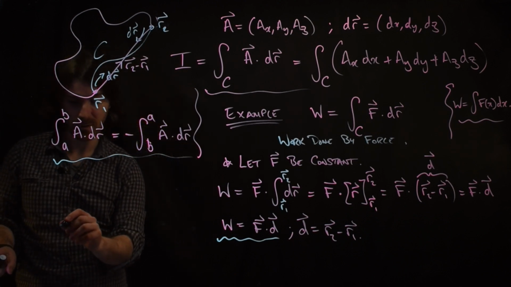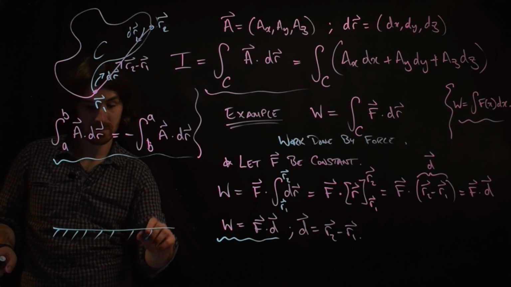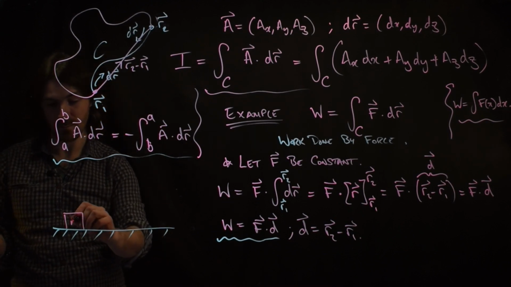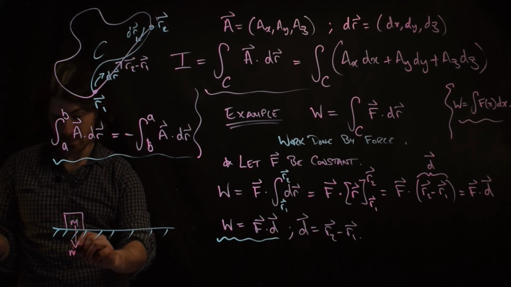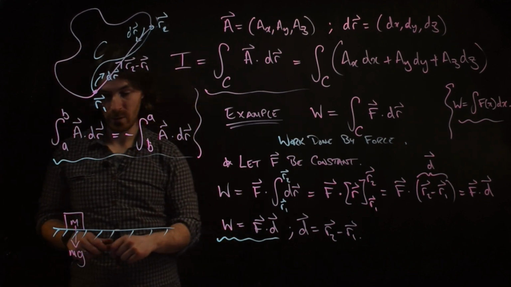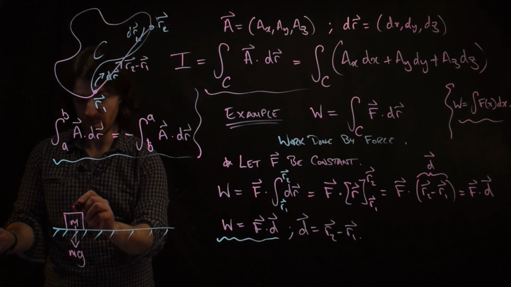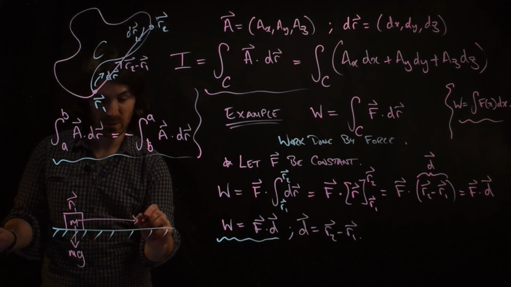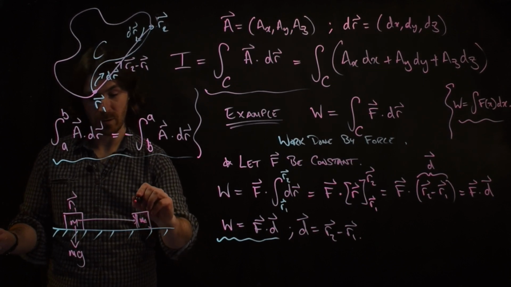So you can think about a frictionless table. And here's a block of mass m, and gravity acts on this block. F equals mg, straight down. We're going to displace this block from this point, which we'll call R1, to this point, which we'll call R2.